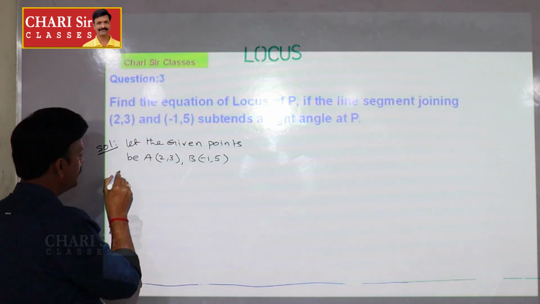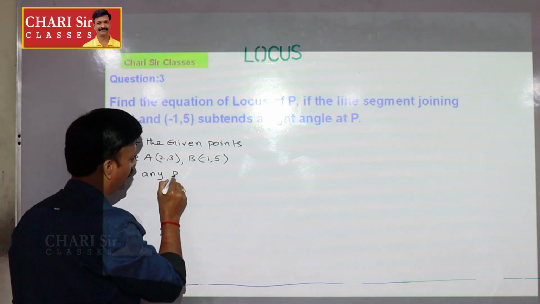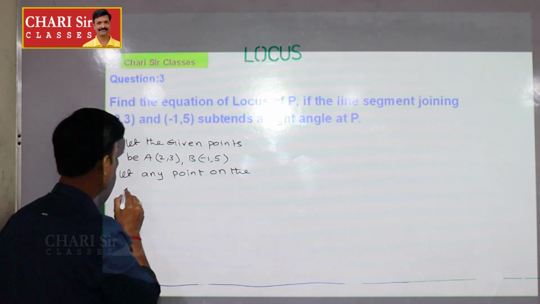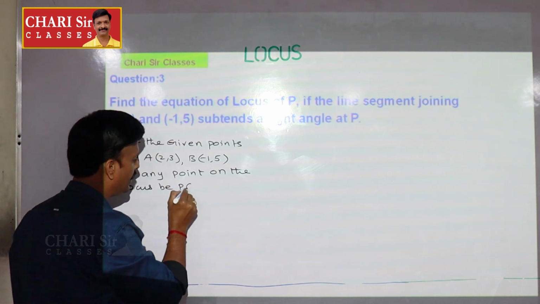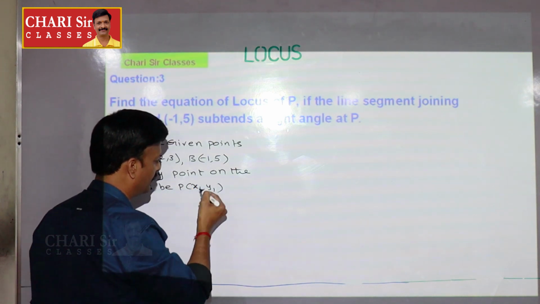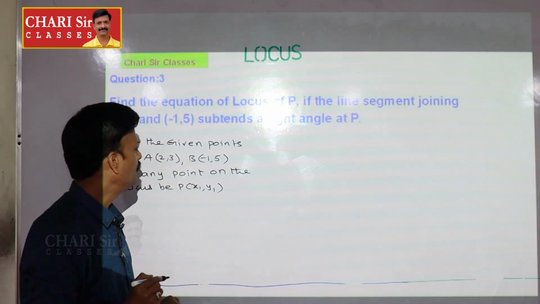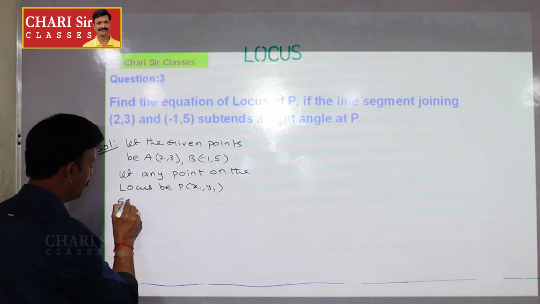You can write: let any point on the locus be P (x1, y1). This is the point on the locus. Now the given condition, what is the given condition?